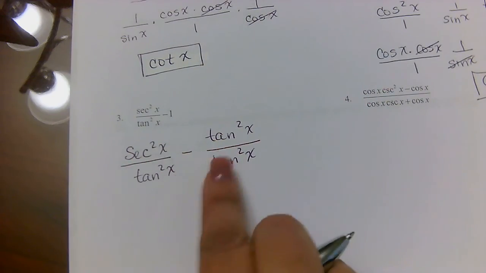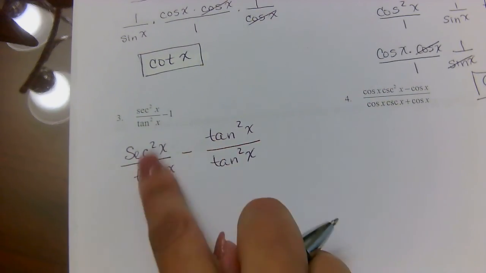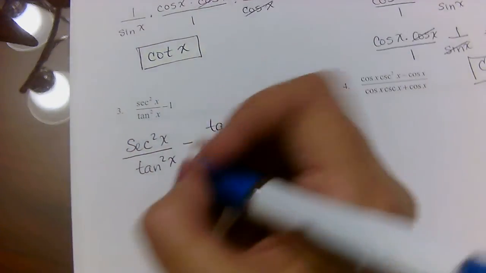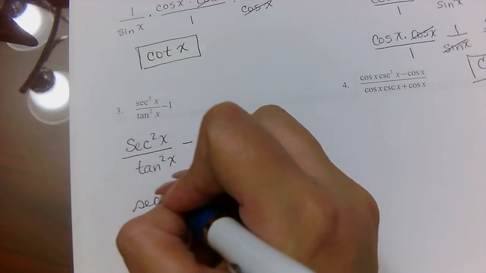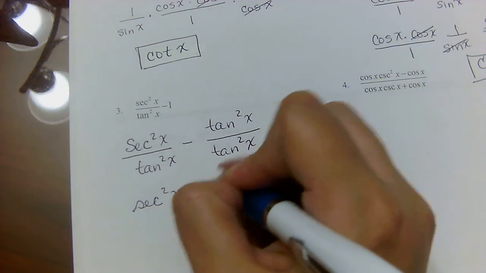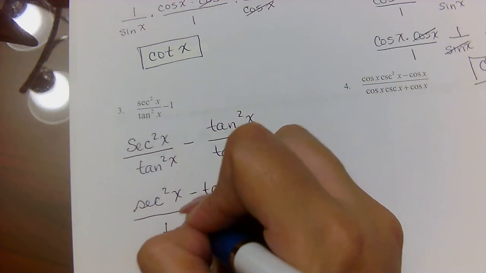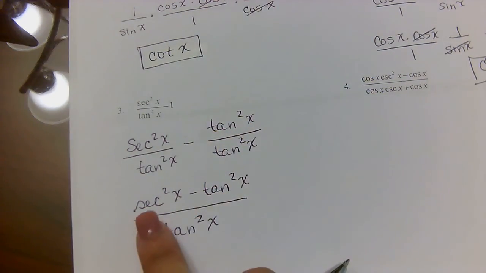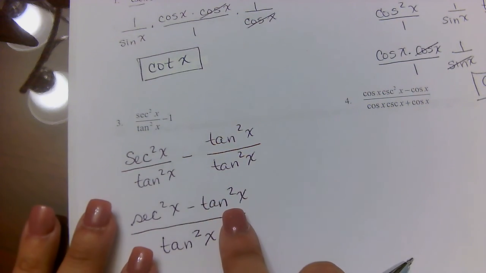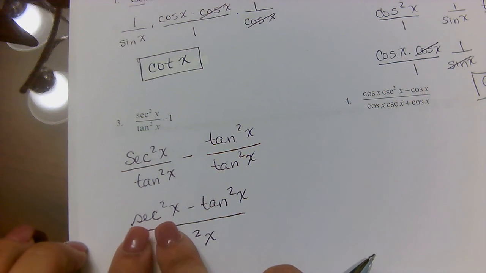Okay, now I can combine my numerators and keep the same denominator. So now I'm going to have secant squared x minus tangent squared x all over tangent squared x. Now this is where our Pythagorean identities come into place.